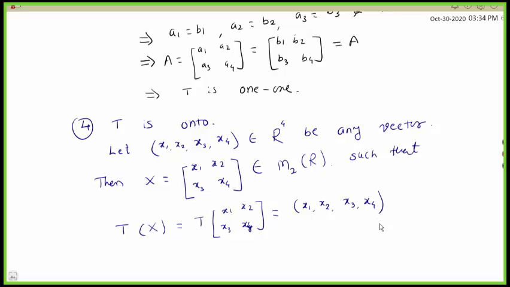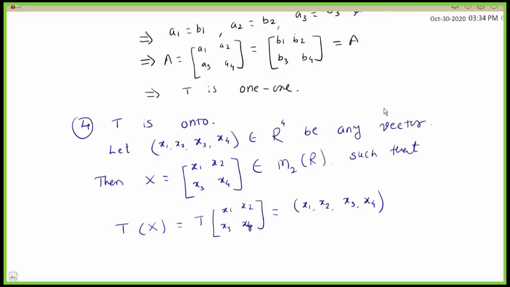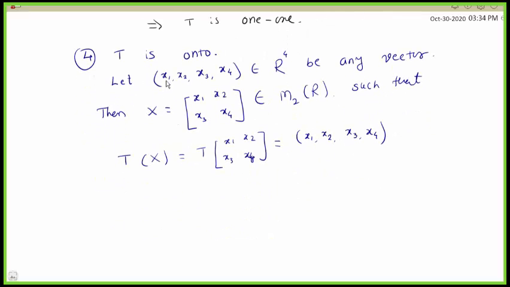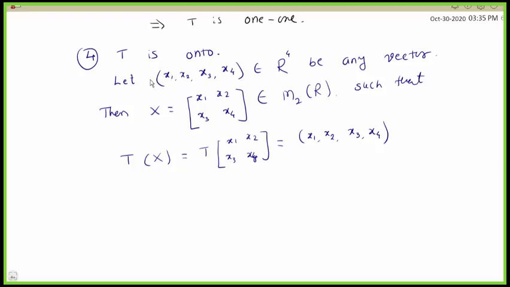Okay, so what we have? For any vector (x1, x2, x3, x4) belonging to R4, denote this vector by a small x. For any vector small x equal to (x1, x2, x3, x4), we have a capital X, that is a 2 by 2 matrix, such that T of this capital X is equal to this small x.